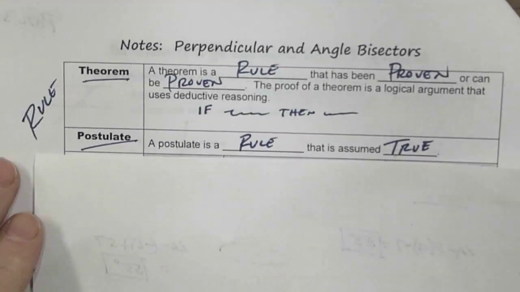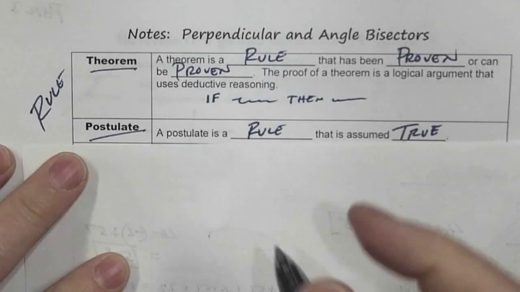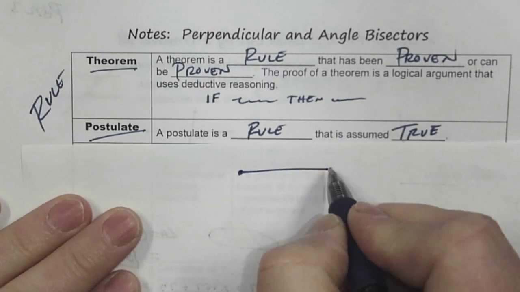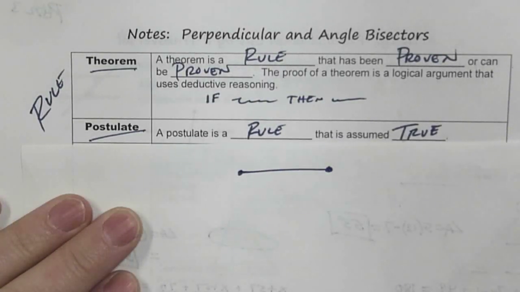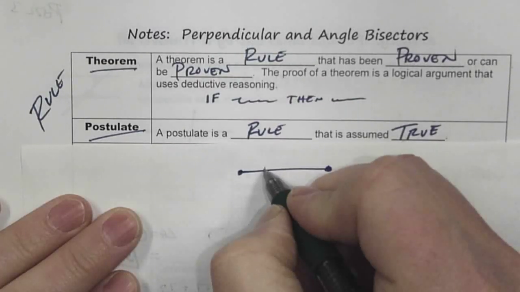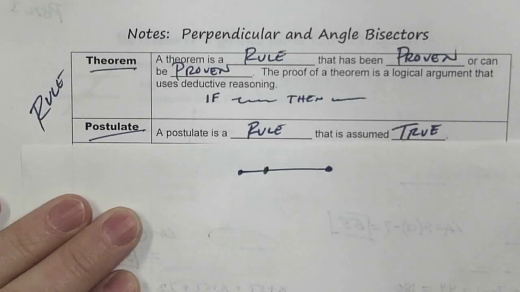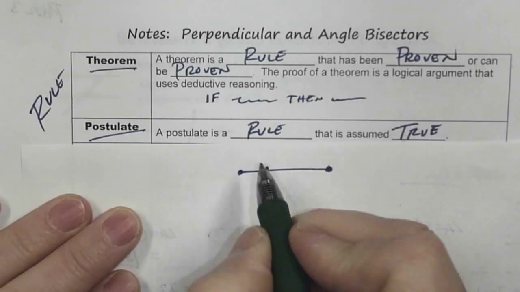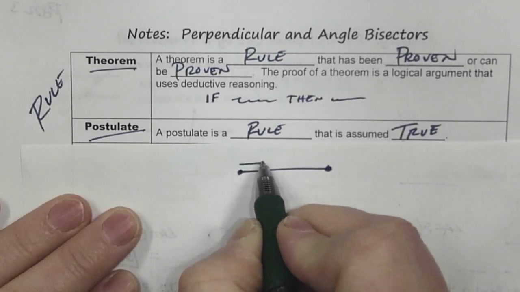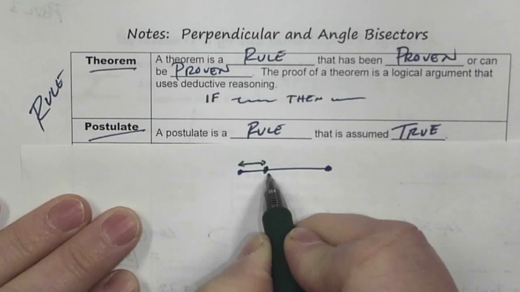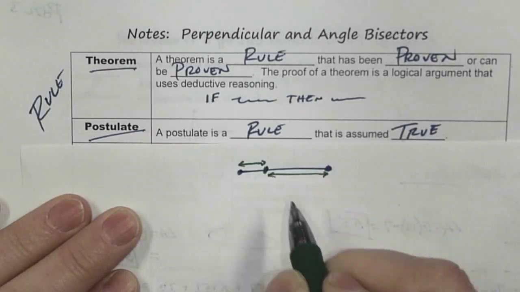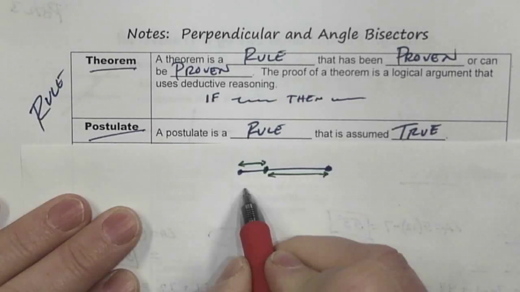I'm going to draw this out. Okay, you don't have to copy this, but if you have a line segment, and that line segment gets broken up into 2 pieces, the segment addition postulate says that if you take this length plus that length, then you end up with the entire length.